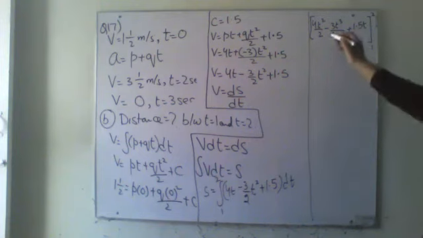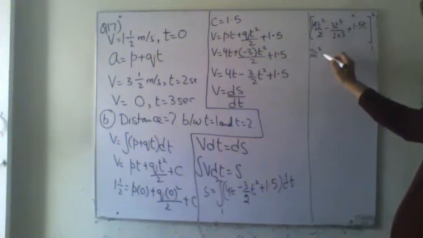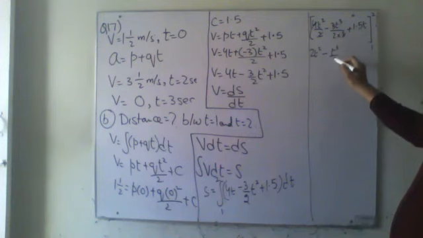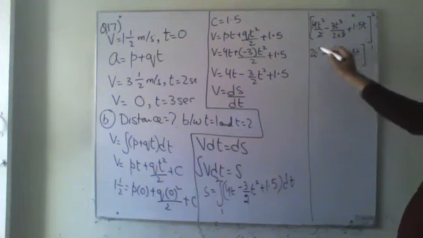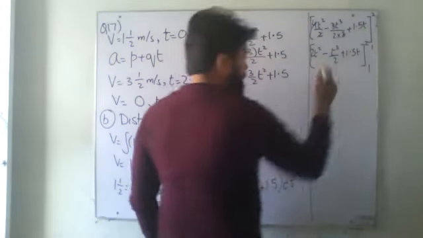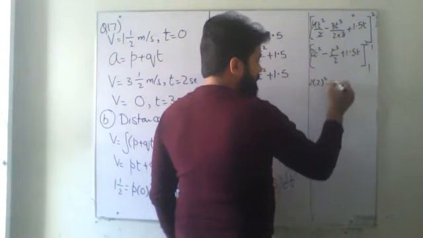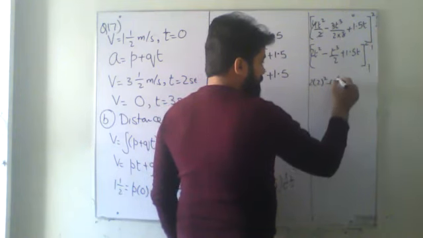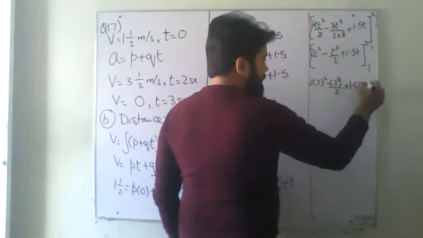Okay, simplified: 2t squared minus 3, and this will be cancelled, t cubed over 2 plus 1.5t, with limits 2 and 1. Now first of all I am going to put 2 over here: 2 squared minus 2 cubed over 2 plus 1.5 into 2.